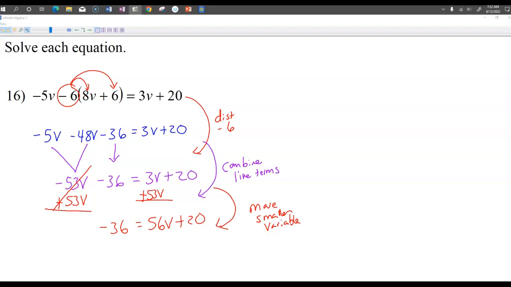Now we should have the last step, which is to solve a two-step equation using the steps that we talked about for that. So to get the v by itself, I'm going to need to subtract the 20 and divide the 56. So let's do that.